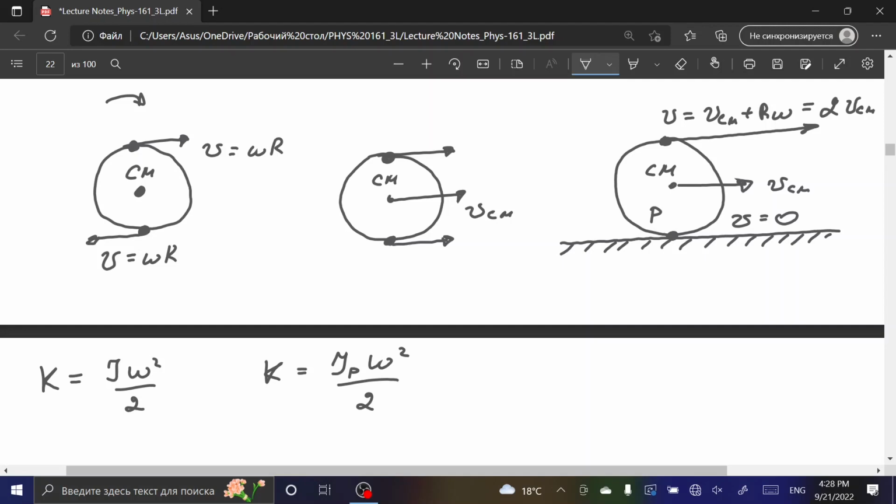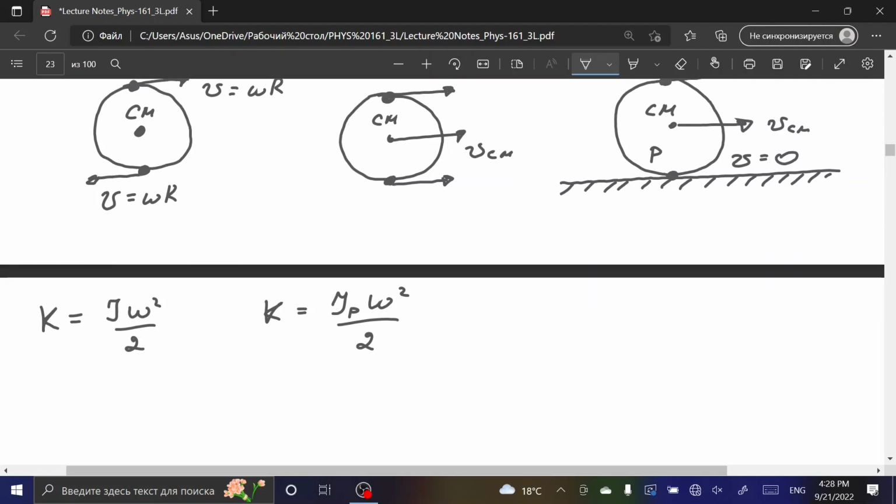Now we have some symmetric object, that is a disk or cylinder, whatever. It's quite easy to calculate the moment of inertia about the center of mass. But when we want to calculate the moment of inertia for this system with respect to point P, that is already not a symmetric case, and that could be quite challenging. So that's the moment when we want to apply the parallel axis theorem and take advantage of it.